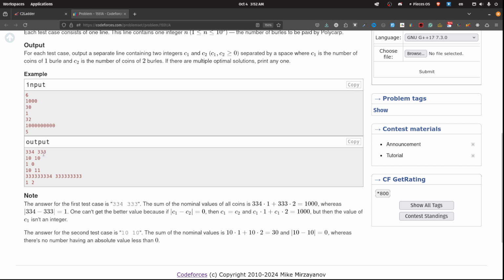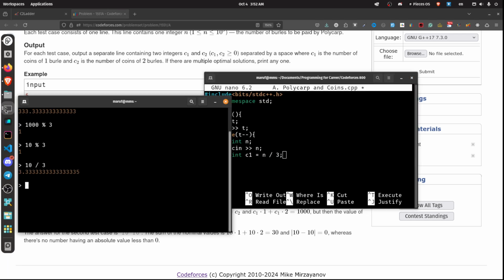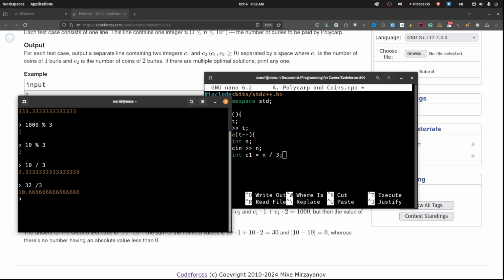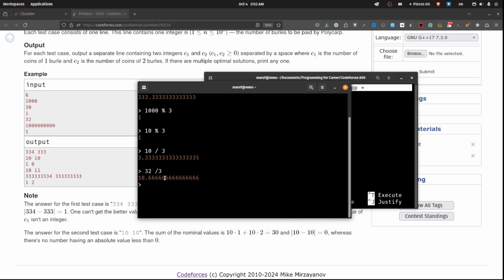So I can say that if I divide a value by 3, I can get a number. For example, if I take 32 divided by 3, what happens? 32 divided by 3 is 10.6, so I get 10. So 10 is the value of C1.